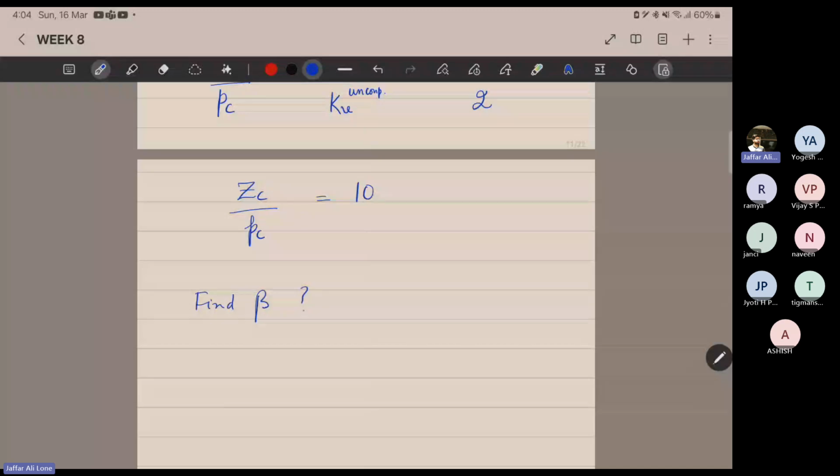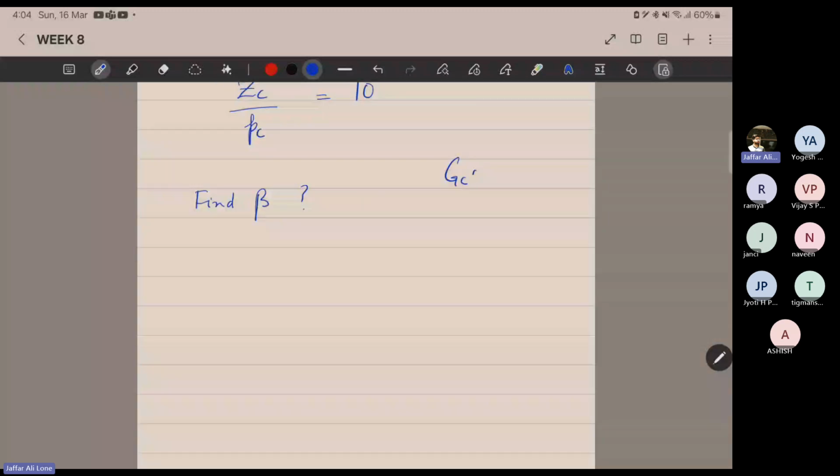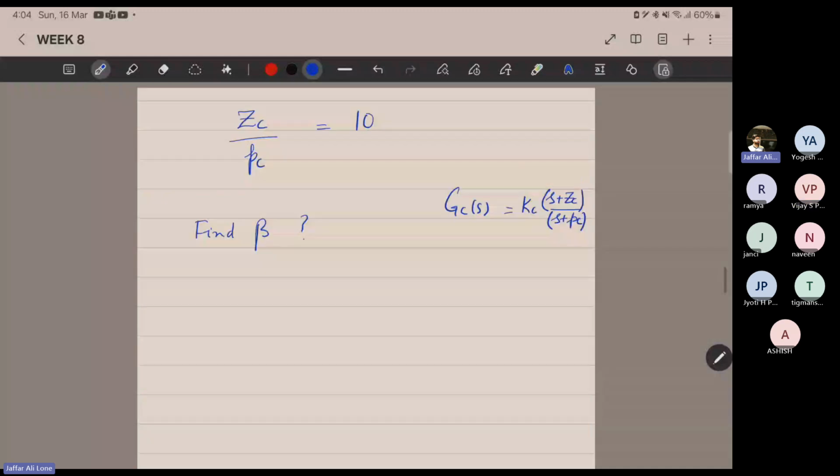I wrote it like this: GC of S is equal to KC times S plus ZC divided by S plus PC. There is a formula: beta is equal to kV desired divided by kV uncompensated.